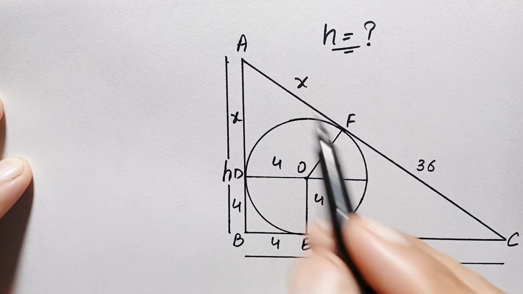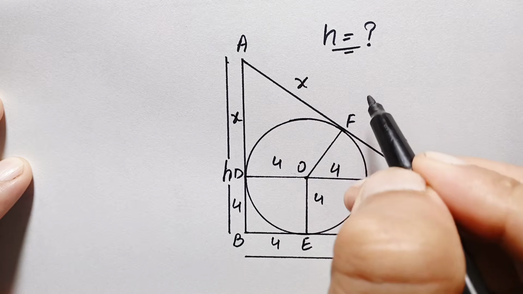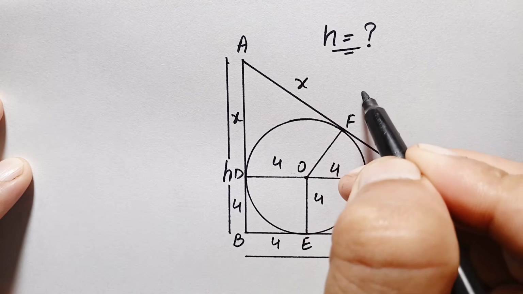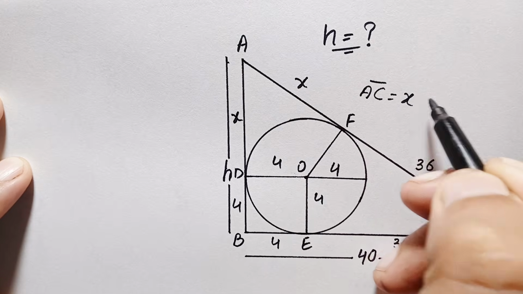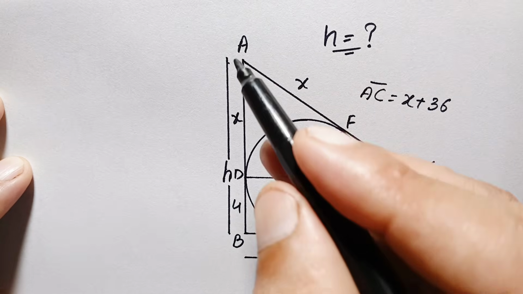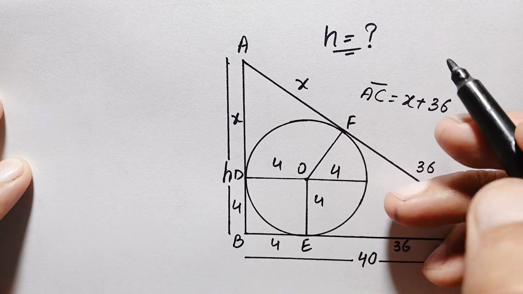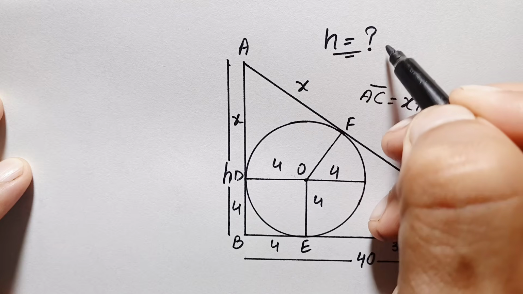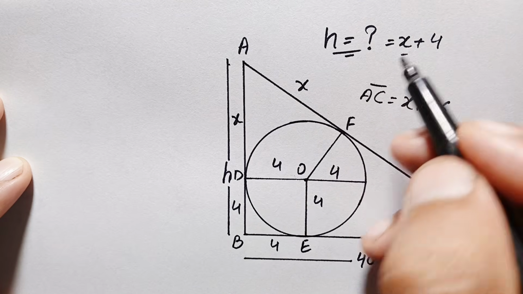Here this side of the triangle, the hypotenuse AC, will become x plus 36 units. What will be this height AB? This will become x plus 4. So our height will become x plus 4 units.